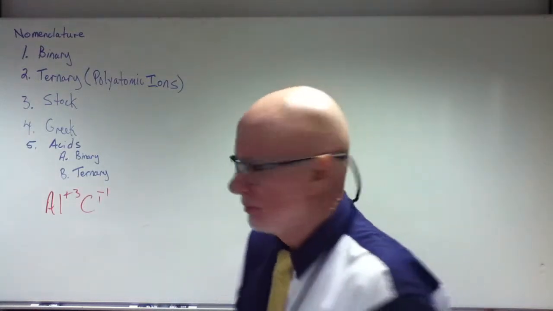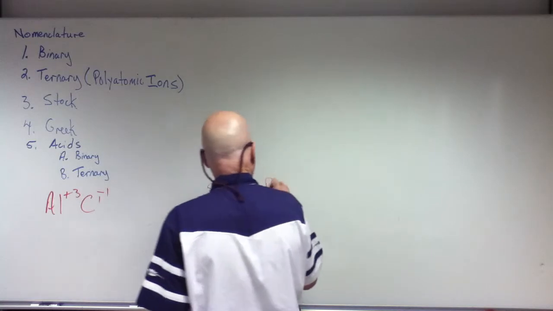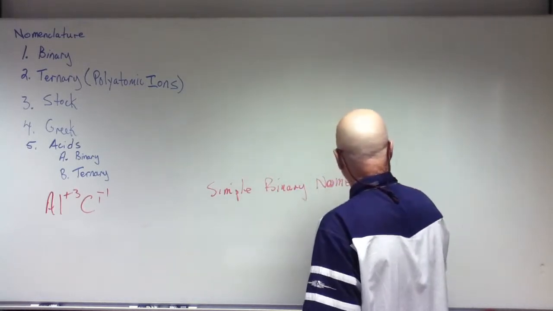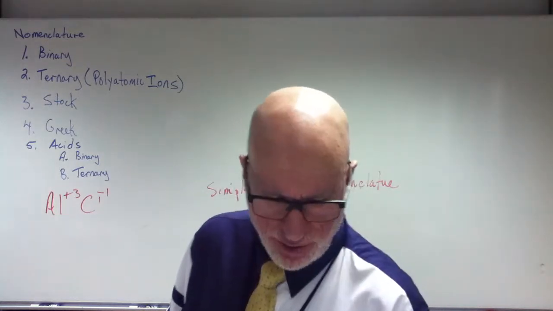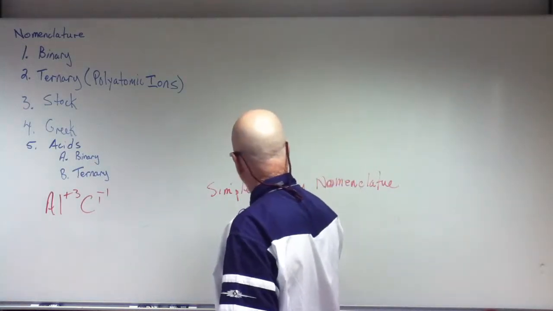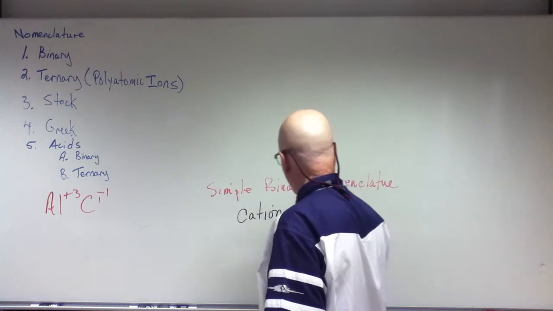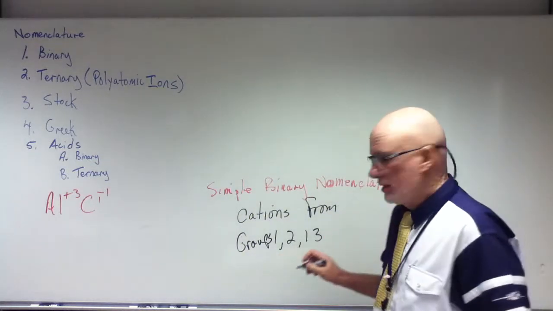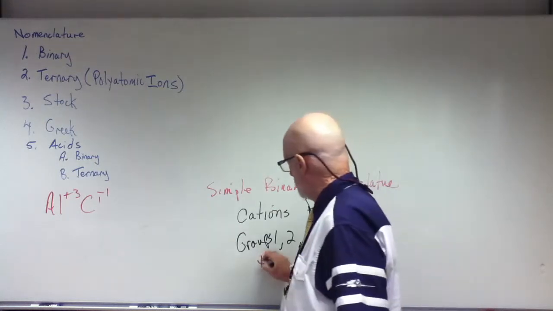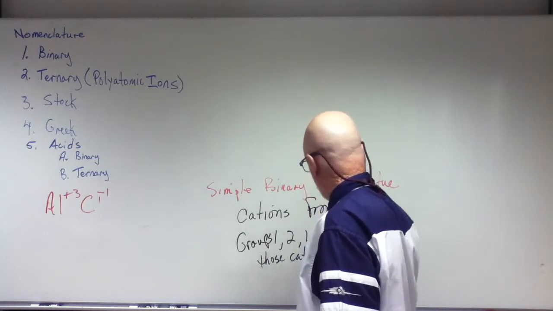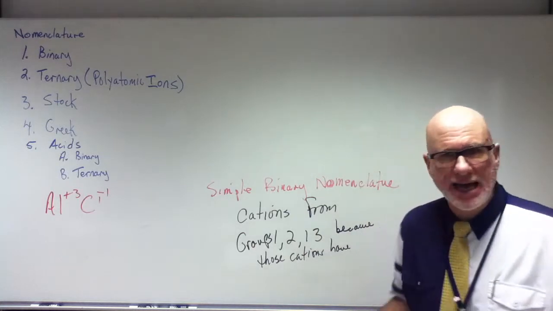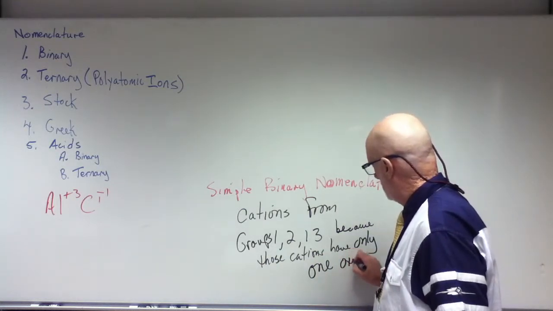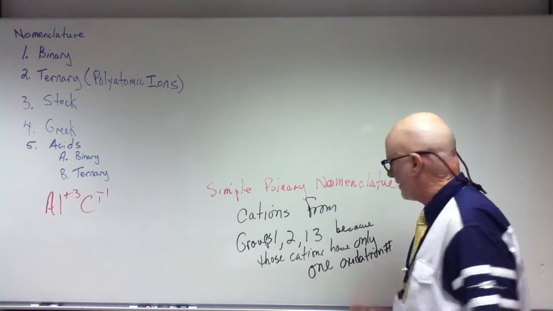Simple binary nomenclature simply uses cations from groups 1, 2, and 13, because those cations have only one oxidation number.